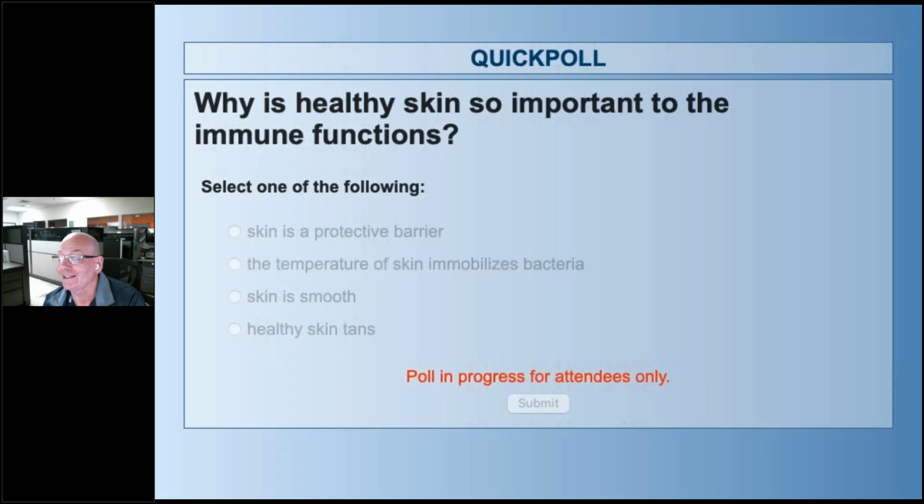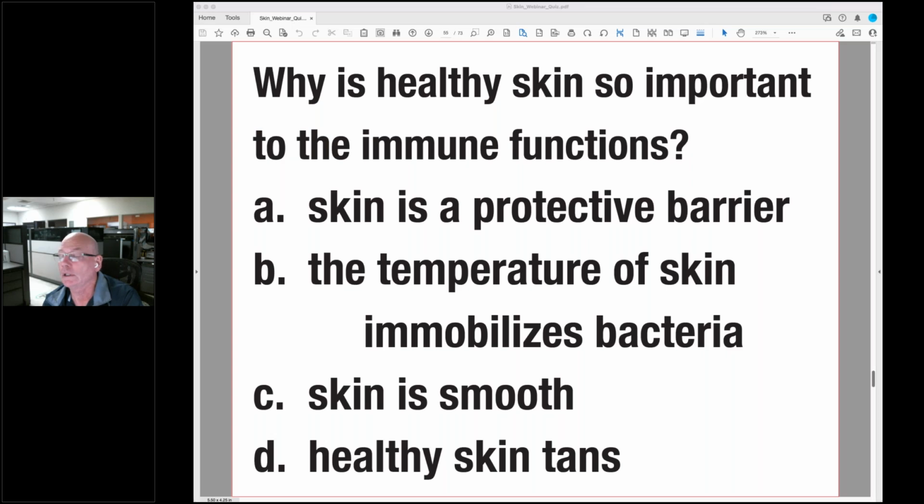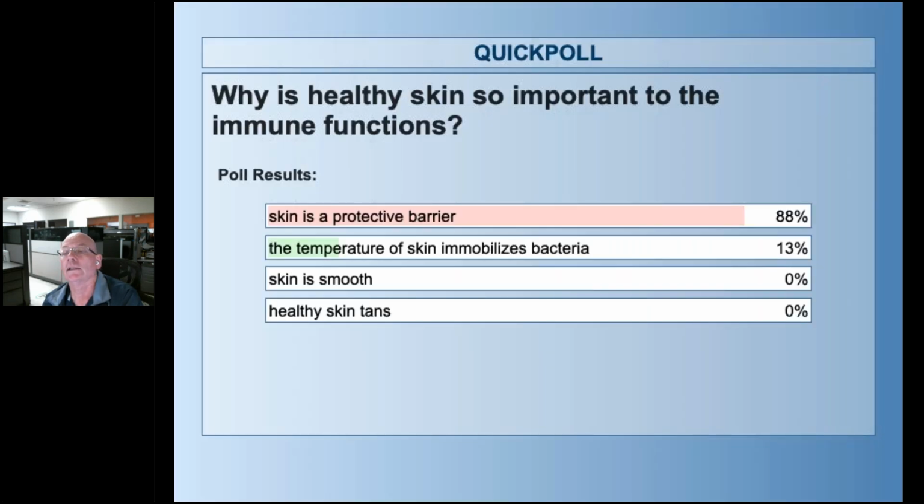Most of you are doing a great job in answering. Yeah, vasodilation is basically getting blood to the injury site. All right, 86%. I'm going to close the poll, and we're looking at 88%.